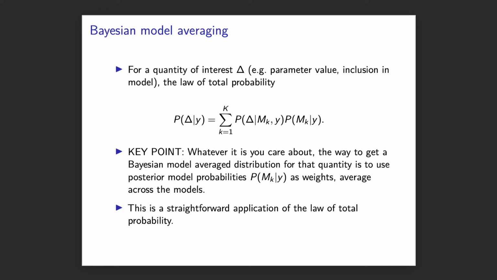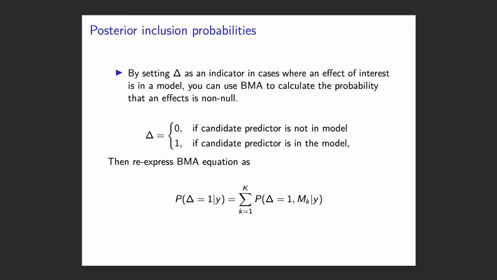Another way to say that is, if you go through all the effort of setting up Bayesian model selection, you can do Bayesian model averaging very easily beyond that, because you use those posterior model probabilities as weights with the law of total probability to get a posterior on anything you care about in the context of the entire model space. Very cool. Lots of times we just want to know the probability that, for example, the beta term for some predictor, maybe shell width, is 0.